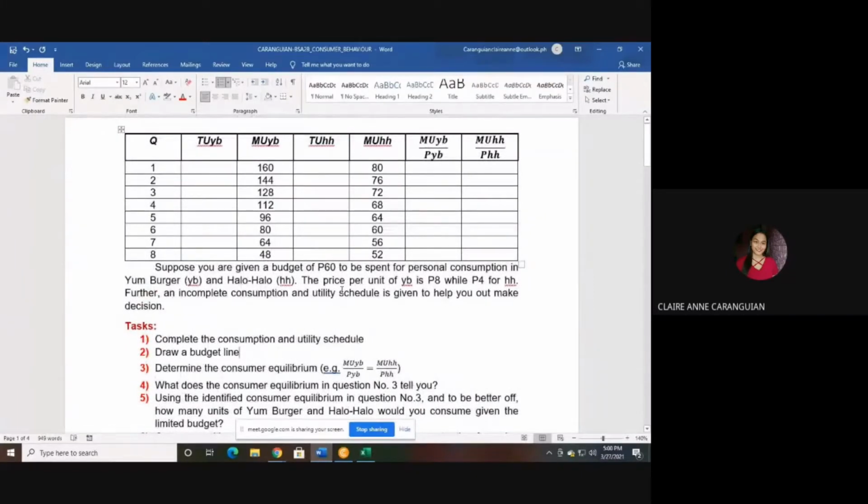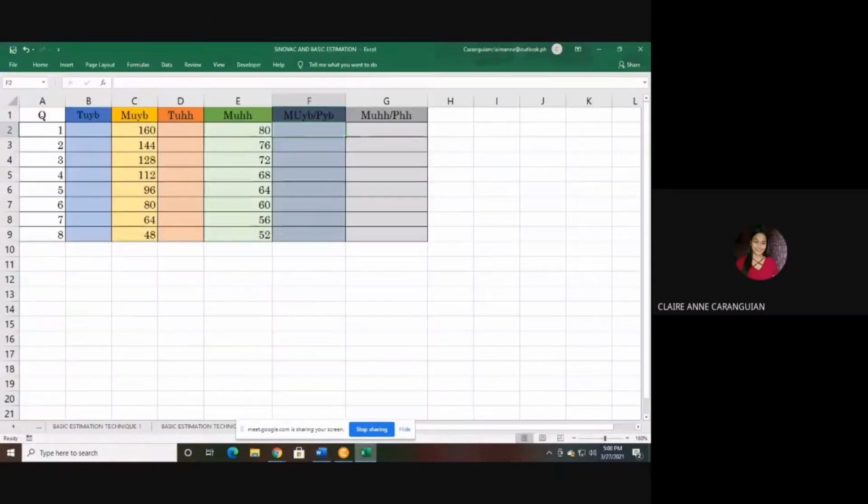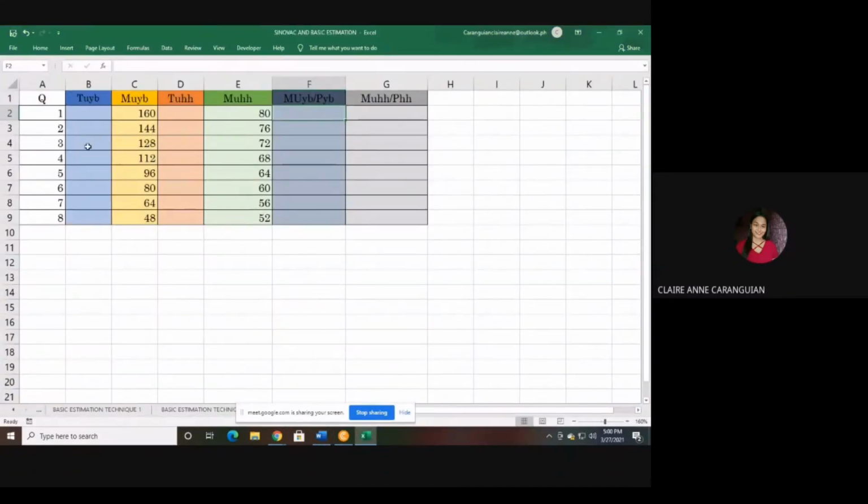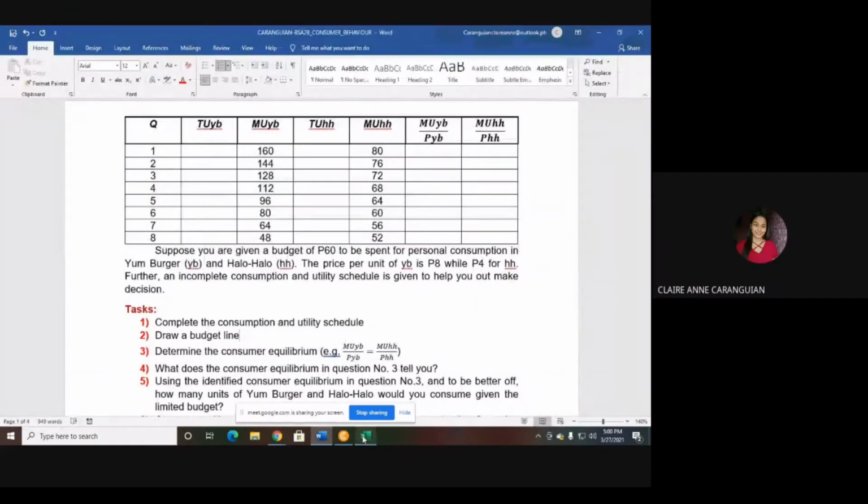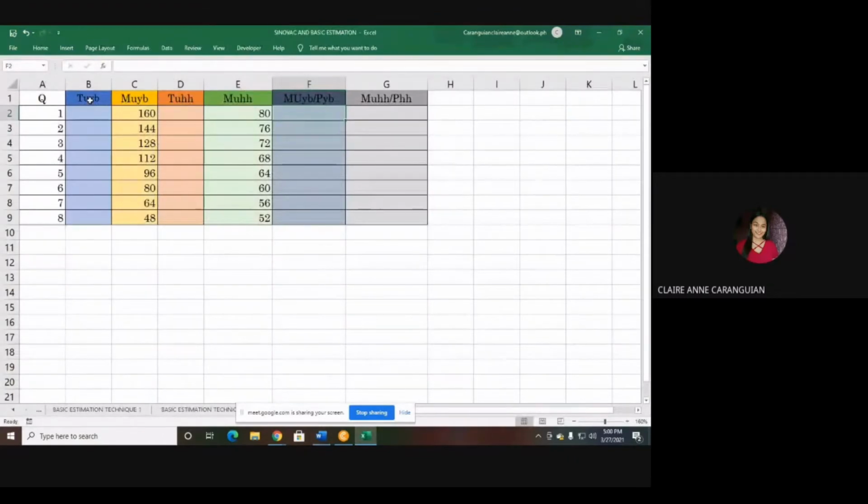In this activity, we are going to use Excel. So we just copy the given data into Excel. To get the total utility, what is total utility, or TUYB? Total utility can be calculated as the current total utility subtracted by the previous total utility.